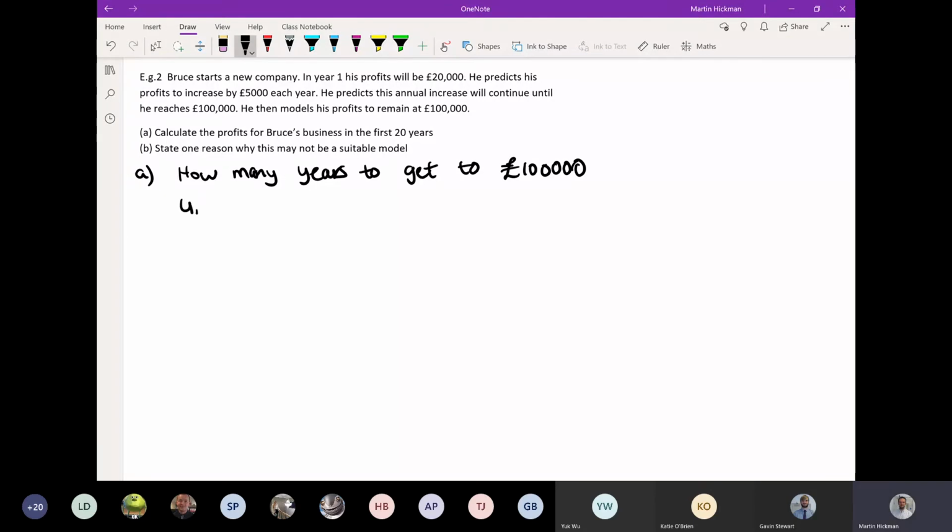So I use the following formula. Just as a reminder, this is the formula we're going to use. You do need to learn that. You don't get given it in the exam. So we're looking at when we get to the 100,000, we have our first term a is 20,000. Remember this is an arithmetic series. We have a common difference each time, so n minus 1 times the 5,000.